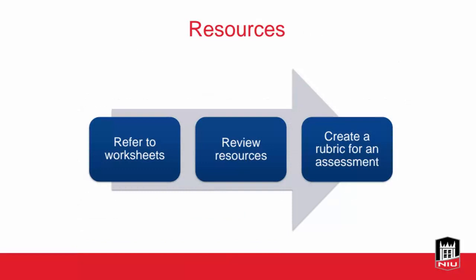All right, so some resources that I'm going to send to you after the workshop here. There's some worksheets that I'll send you, some templates for rubrics too, other types of rubrics, including the Association of American Colleges and Universities rubrics. They've got an information literacy rubric, as well as a reading VALUE rubric.